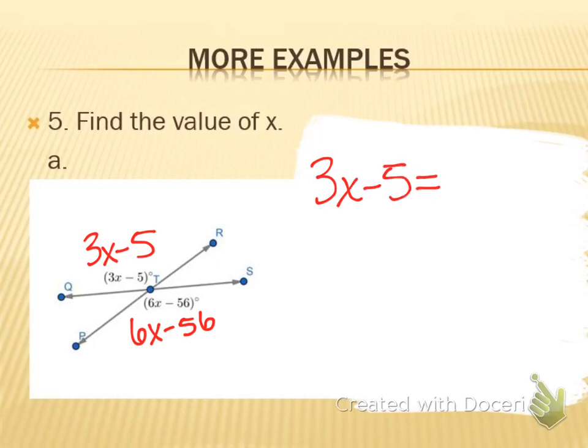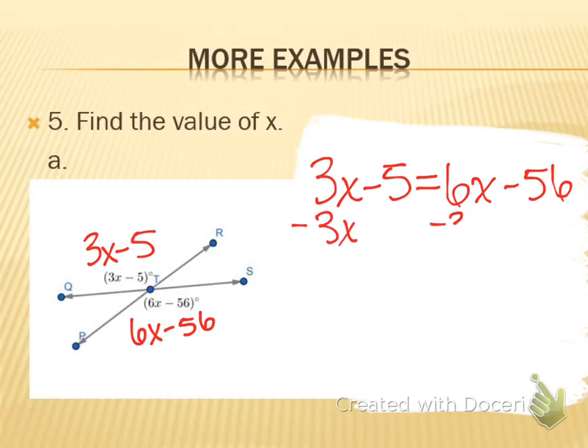3x minus 5 equals 6x minus 56. We have to identify the relationship so that we know what kind of problem to set up. The rest is just algebra. All we're doing is finding x. You can set it up however you want.